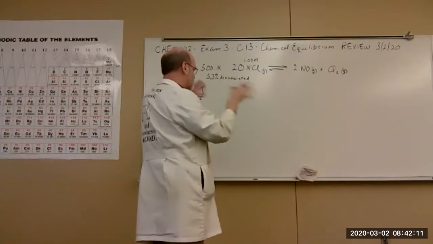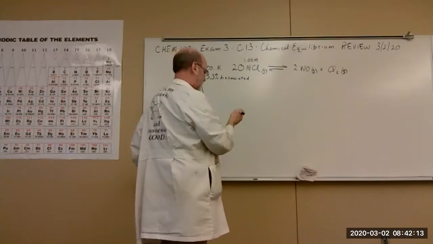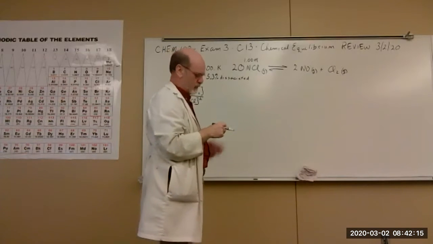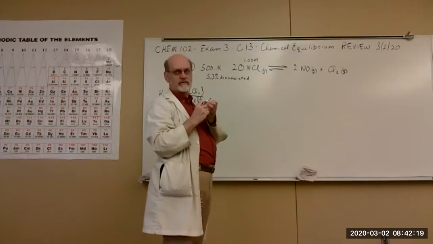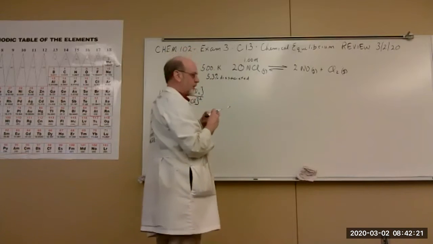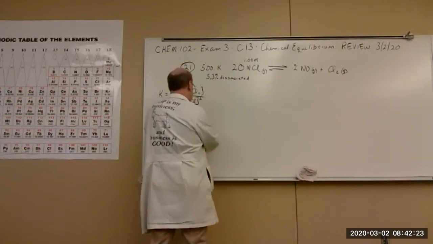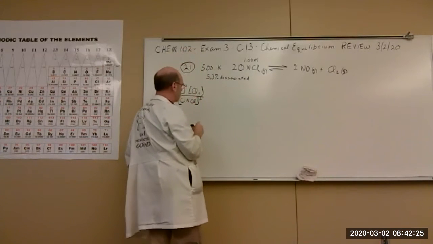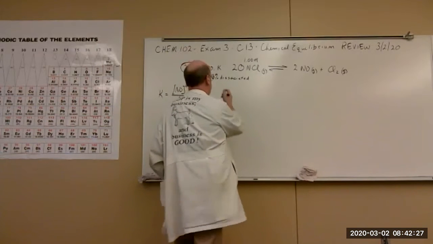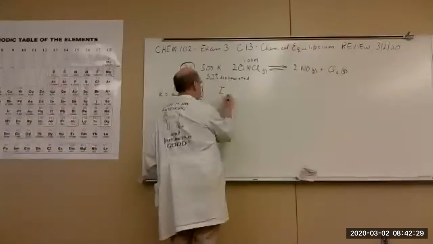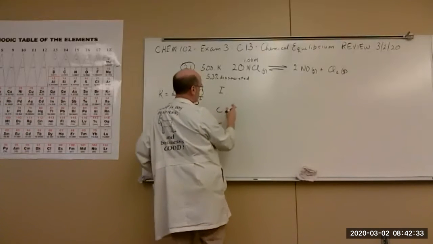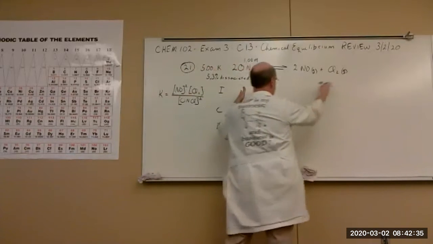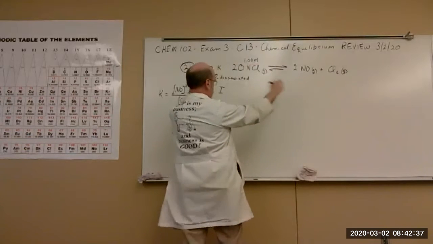So to make some sense of this, I think we need an ICE table. Initial, change, equilibrium, in order to figure out what values need to go in here. Okay, so initial, change, equilibrium. And these are associated with each one of those, right? That's our table.